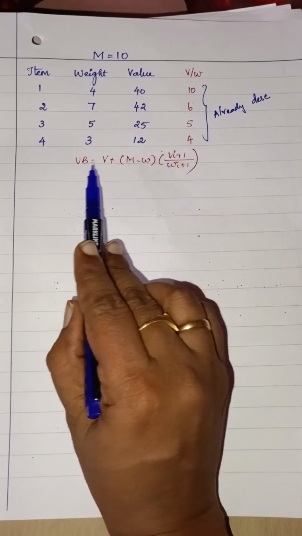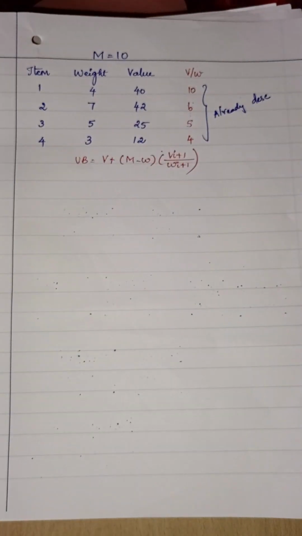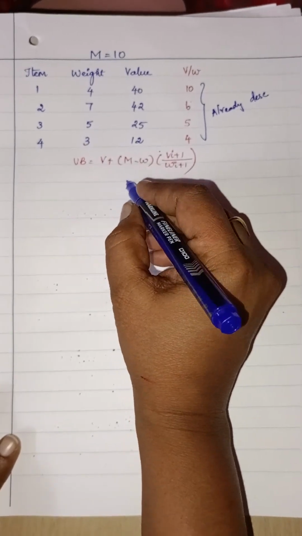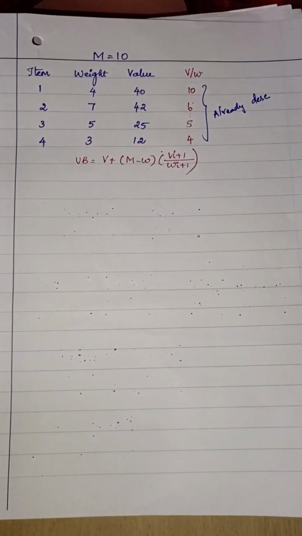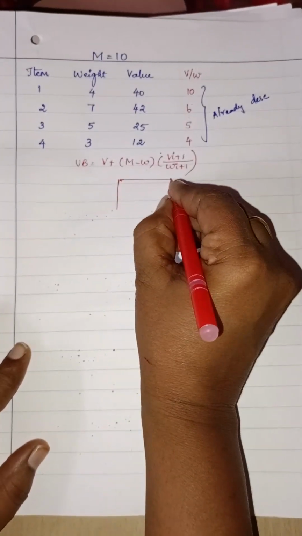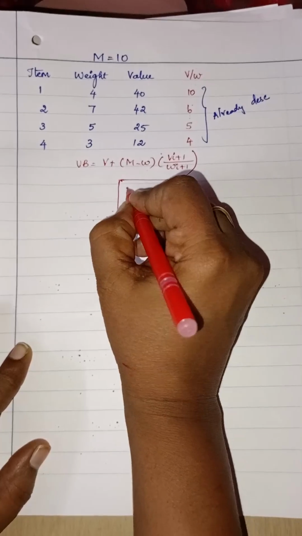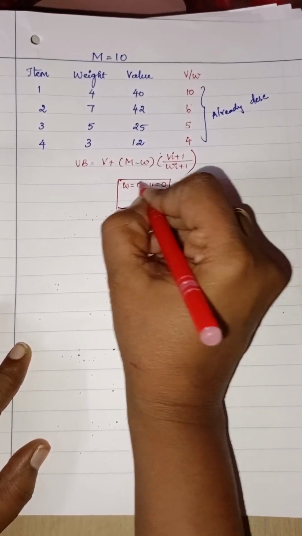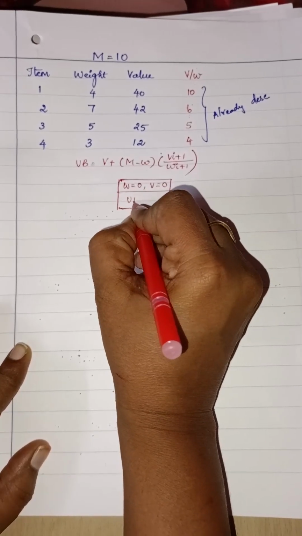So the upper bound is calculated by using this formula. Initially, let us start drawing the state space diagram. The state space diagram will be like this. Initially, no item is added, so W will be 0, and value will also be 0. What is the upper bound?